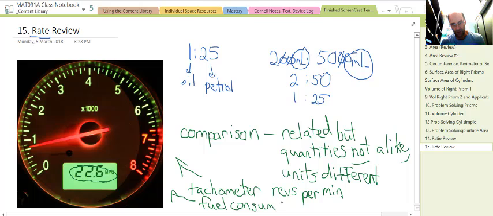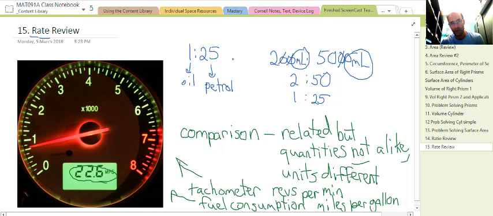Now that one has MPG next to it, and albeit that's their old imperial measurements, it's still used a lot each day. That's miles per gallon. There are metric versions of that. Miles per gallon, kilometers per liter, or liters per 100 kilometers are the metric equivalents.